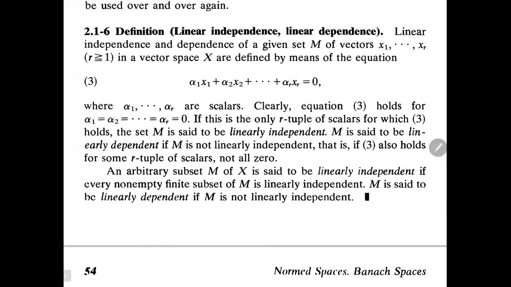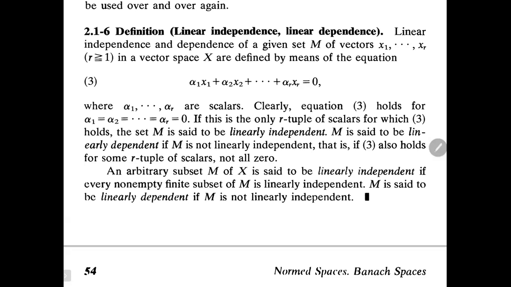Okay, so in vector space X, we can define the linear independence of any arbitrary subset.